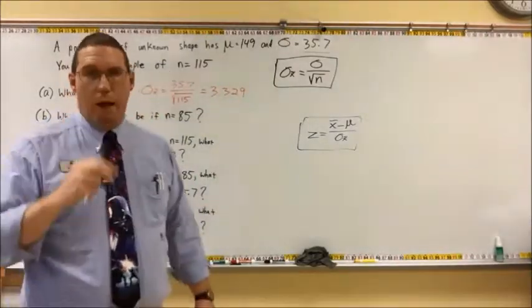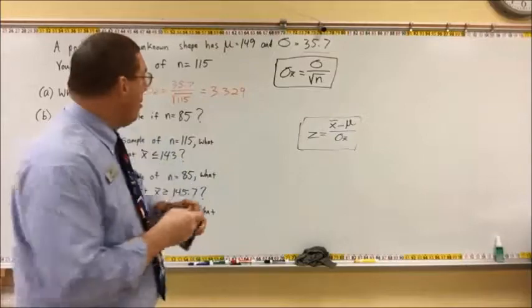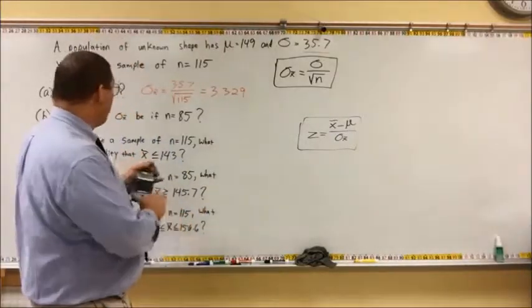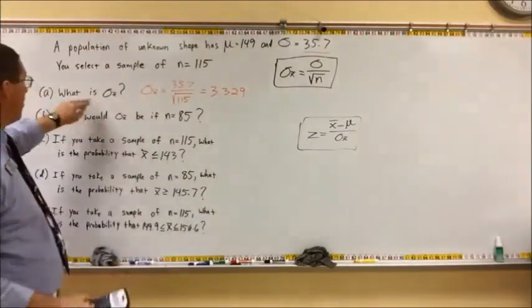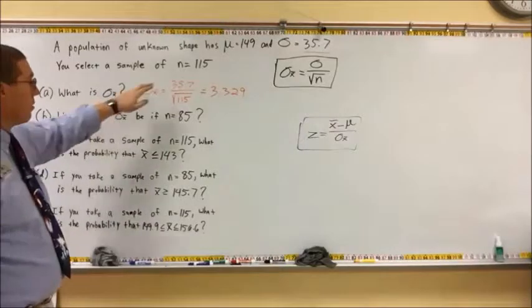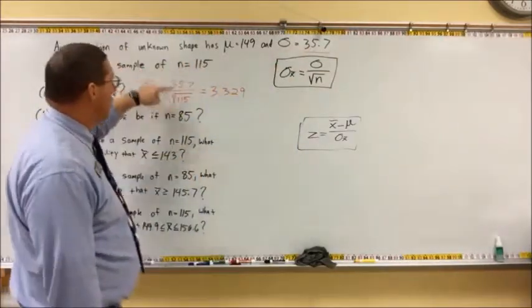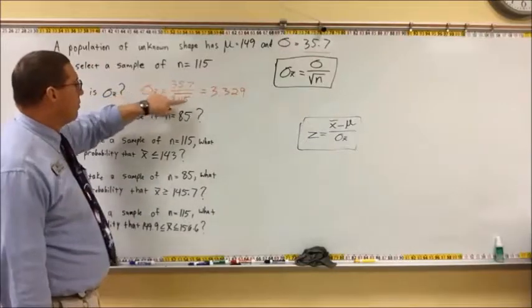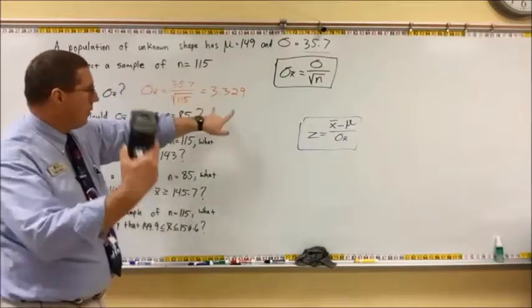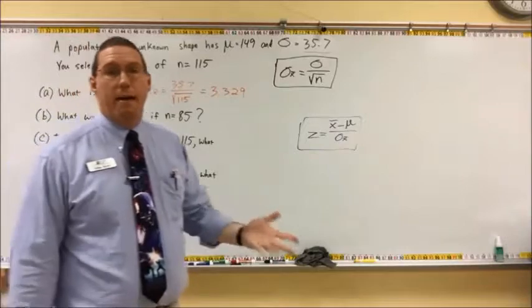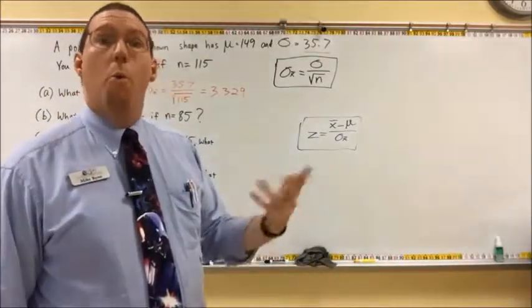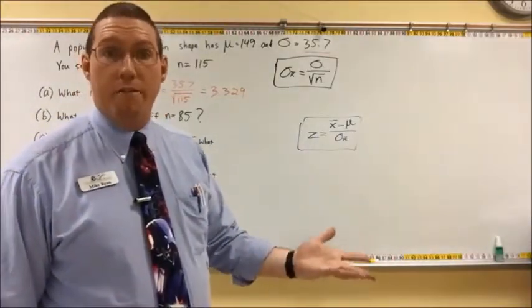Okay, 3.329. And now we're done with that. What is the standard error for a sample size of 115 with a standard deviation of 35.7? Just 35.7 divided by the square root of 115 in the calculator, and we get 3.329. So that is our standard error with a sample size of 115.